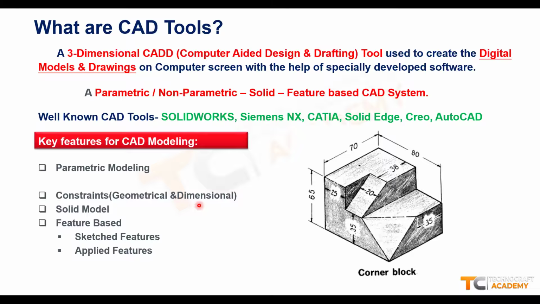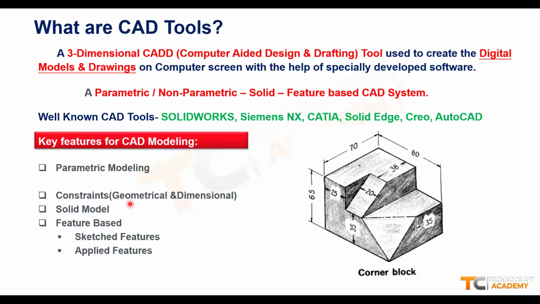When you make any changes, it might not be geometrically correct. Examples of geometrical constraints, any idea? Dimensional constraints? No. Okay, it's not a big deal.